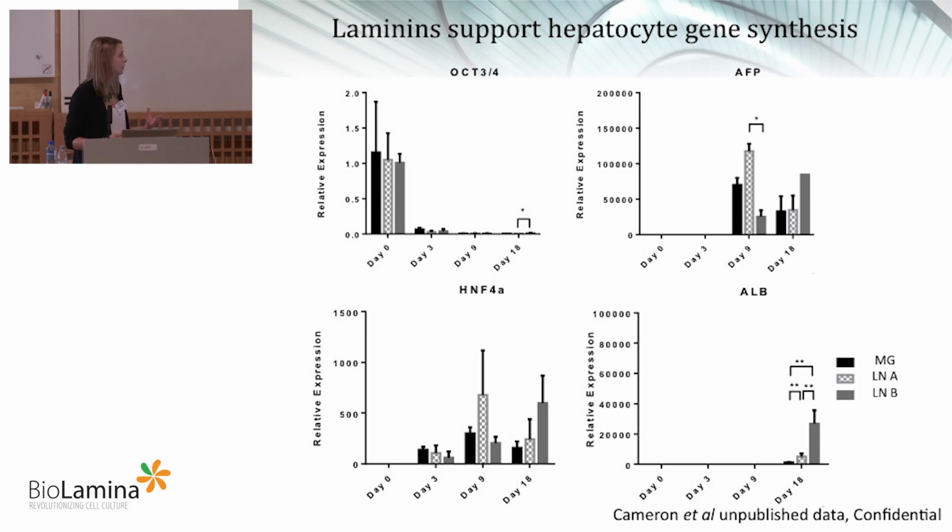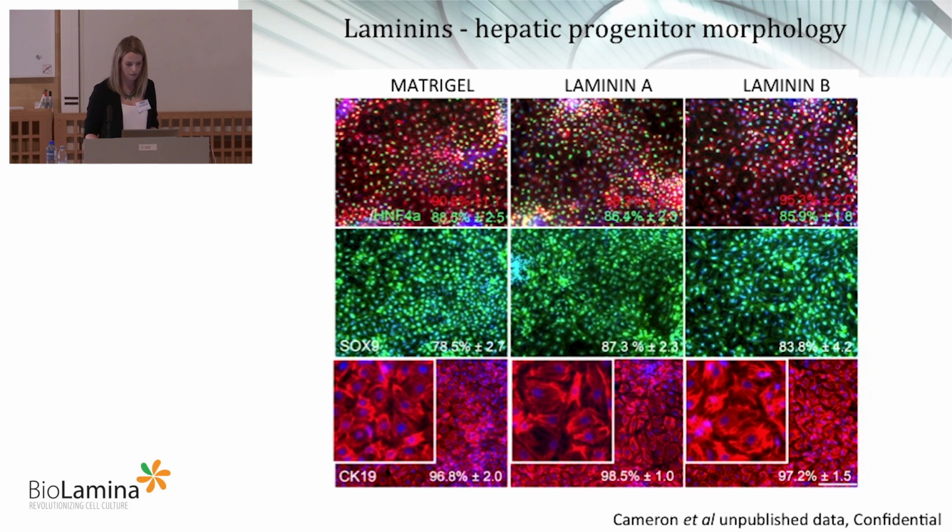So we then went on to see how many cells are expressing these markers. So at the hepatoblast stage, so the progenitor stage, we saw high levels of, this is AFP in red, and HNF4 in green. So we saw comparable levels across all 3 substrates, really nice SOX9 expression and CK19 expression.